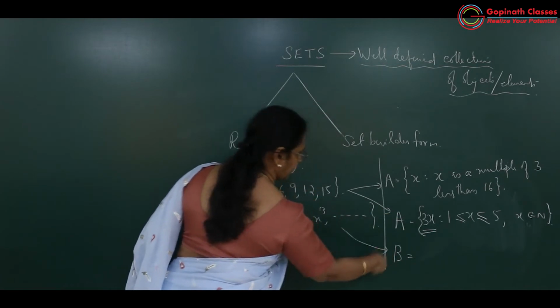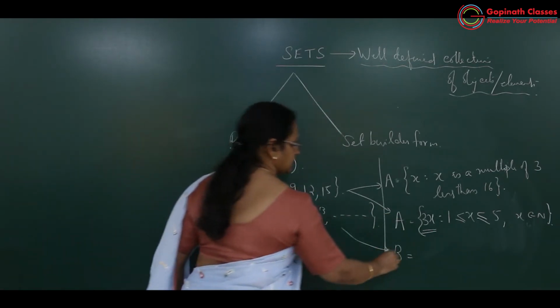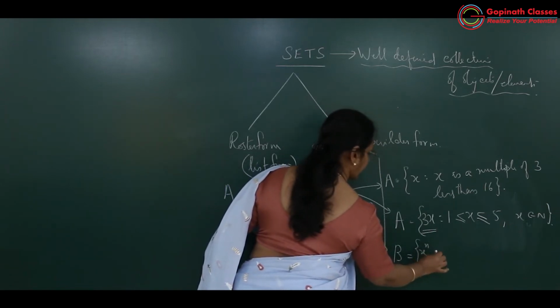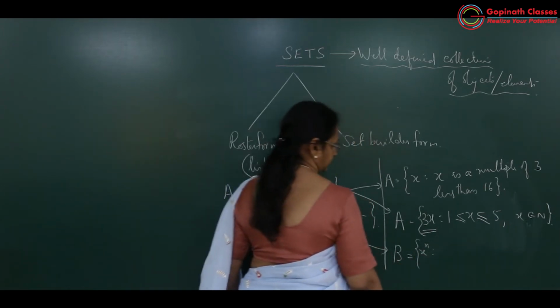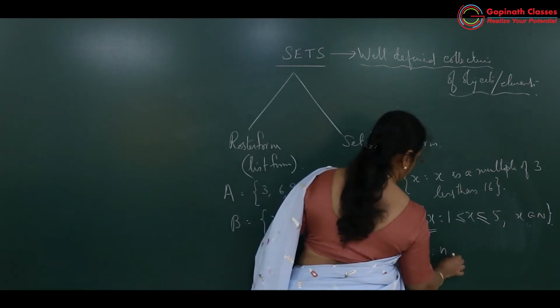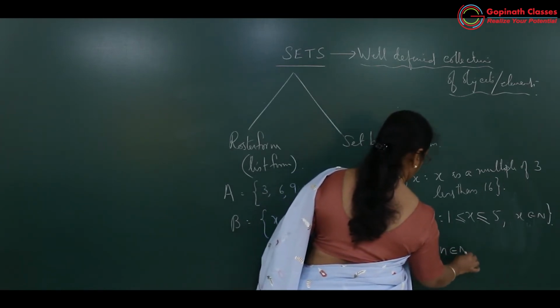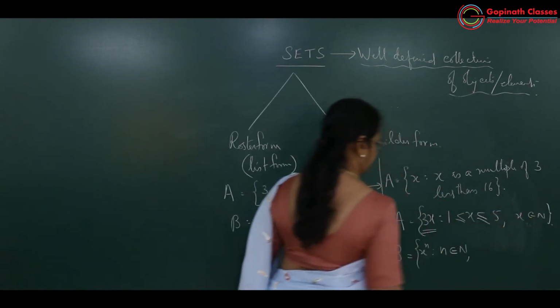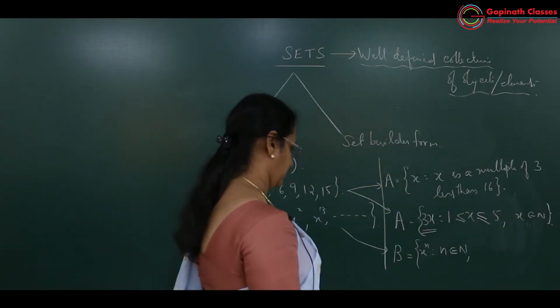Now, B I can write like this, B is equal to set x raised to n such that n belongs to natural number. That means, before that I will have to explain this epsilon.